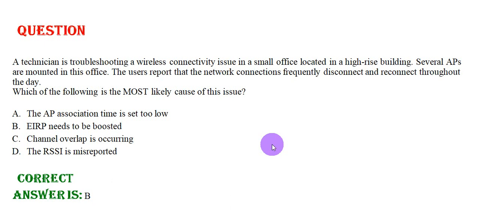Option A, the AP association time is set too low. Option B, the EIRP needs to be boosted. Option C, channel overlap is occurring. Option D, the RSSI is misreported. The correct answer is option B.